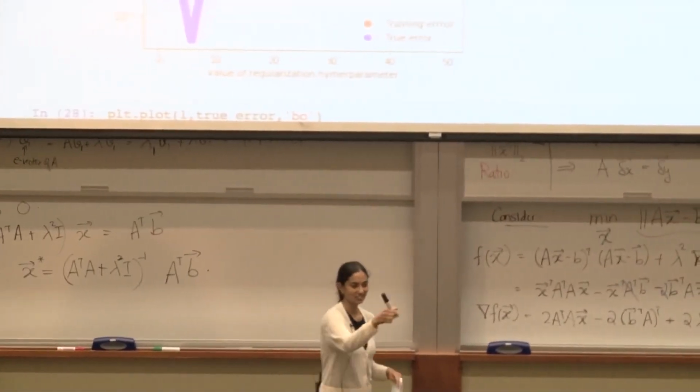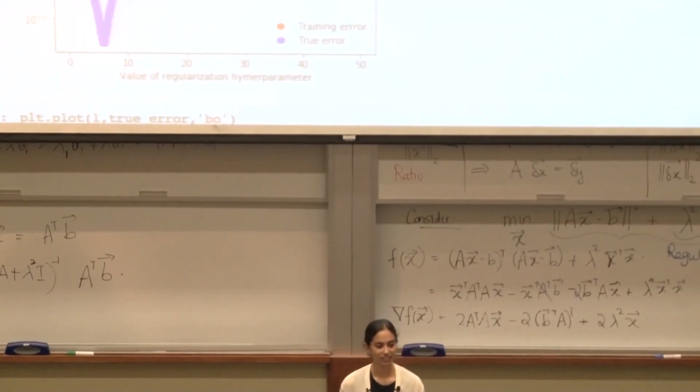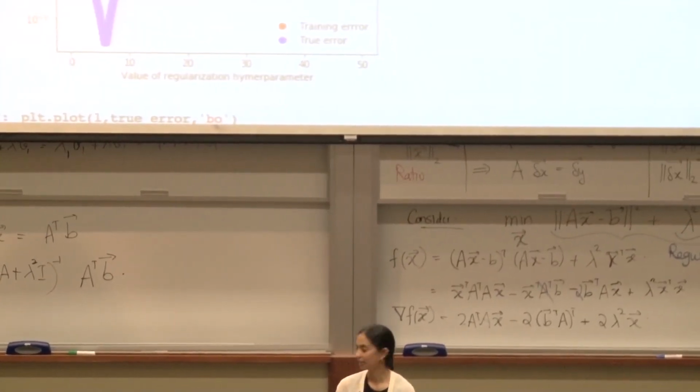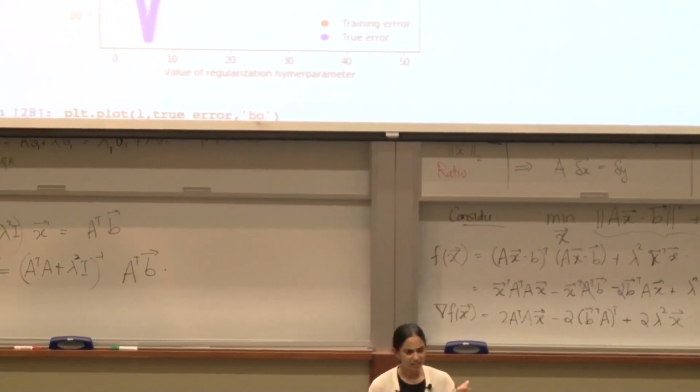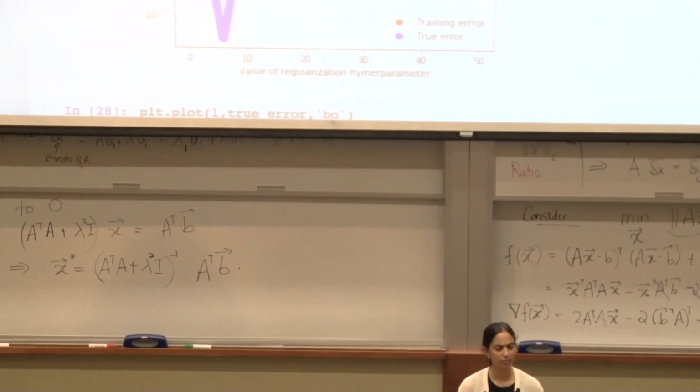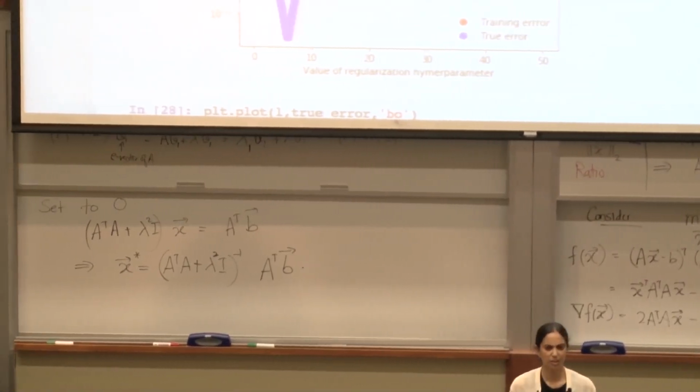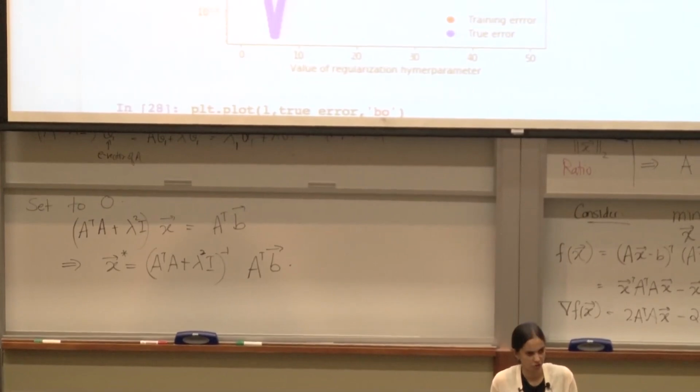Good. Yes? Question. It seems like A transpose A is assumed to be invertible to begin with. Yeah, it's assumed to be invertible to begin with, but might have some small singular values, not nicely invertible because it has a bad condition number. Sure. And what is the intuition of choosing a lambda and adding lambda squared I, and the resulting thing is also invertible?